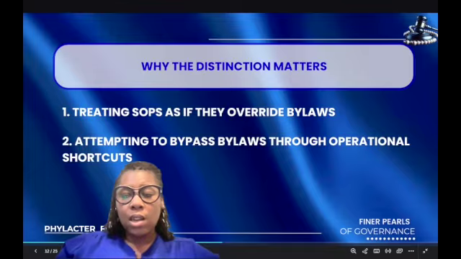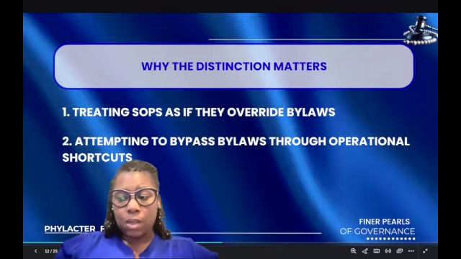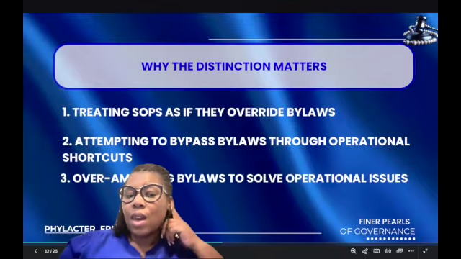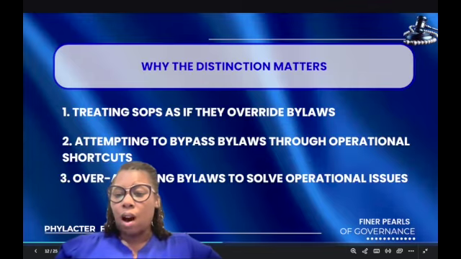Operational efficiency should never compromise your constitutional structure. The Constitution goes over your bylaws. Bylaws are above SOPs. And a third thing, sometimes we over amend our bylaws to solve operational issues.